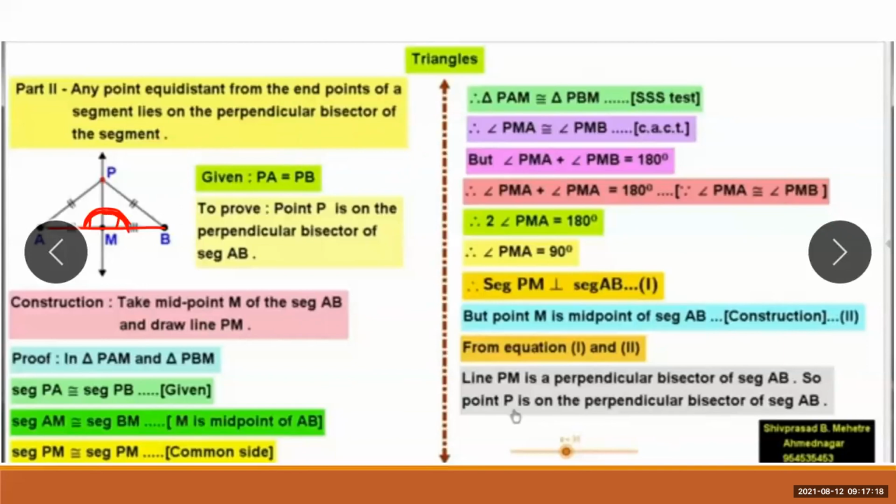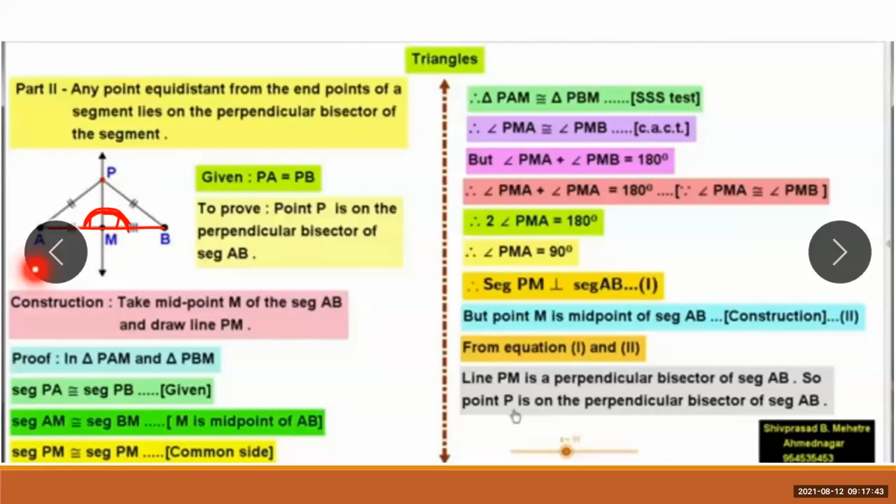In the diagram, you can see the segment AB. Then PM is a line intersecting that segment, and point P on that line is equidistant from the end points of the segment.